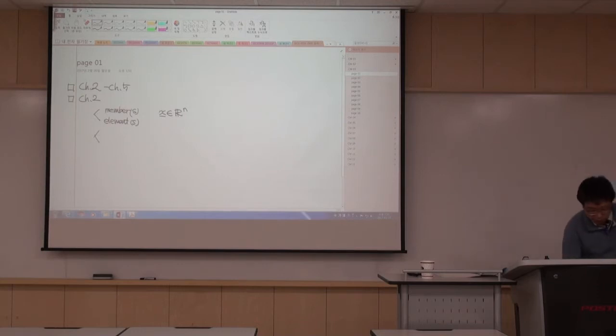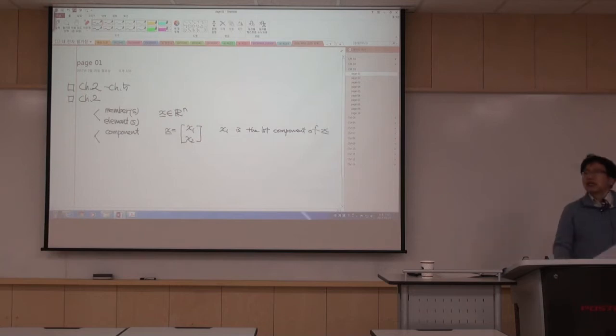In that case they use component. For example, if you have x looks like this, 2 by 1, then x1 is the first component of x. Actually, I really hate this terminology, because there is another one which fits better.